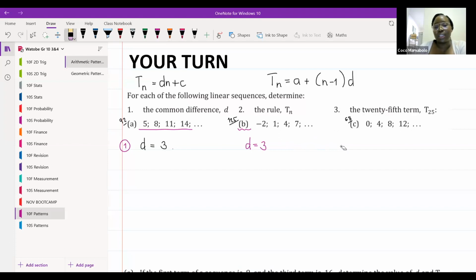Okay, Slay Queen, what's up? What do you mean that we don't do quadratic sequences in grade 10? They're a grade 11 concept, unless you go to a private school and they've taught you quadratic sequences in grade 10. I do wish I went to a private school. Quadratic sequences are a little bit more tricky. So we don't want to delve into that.